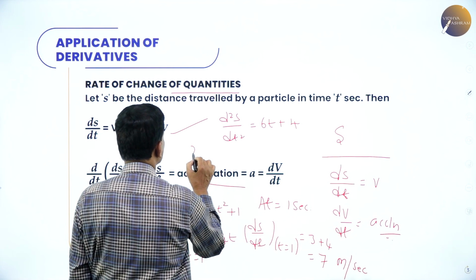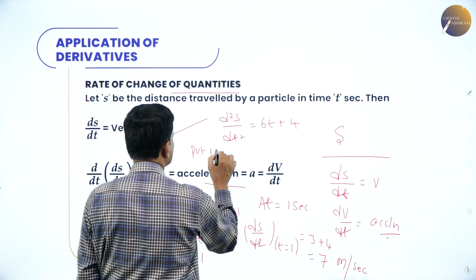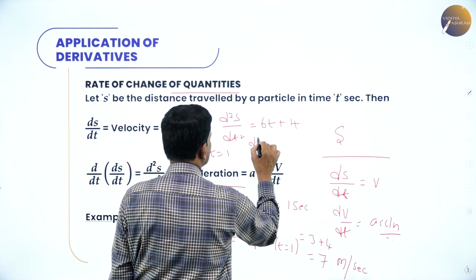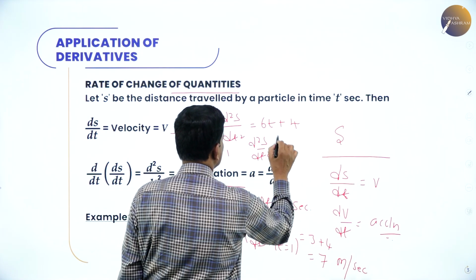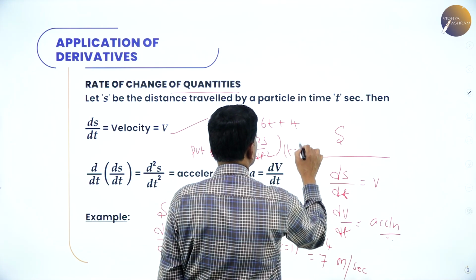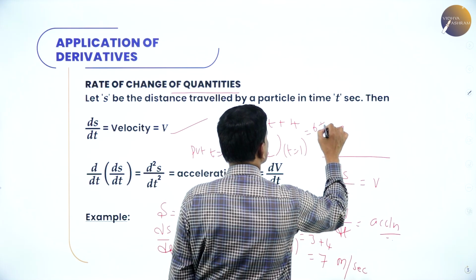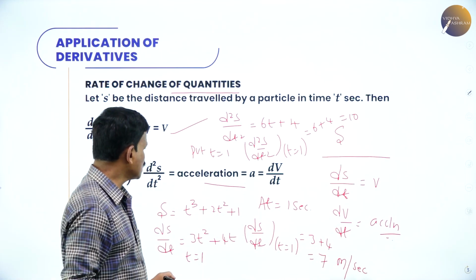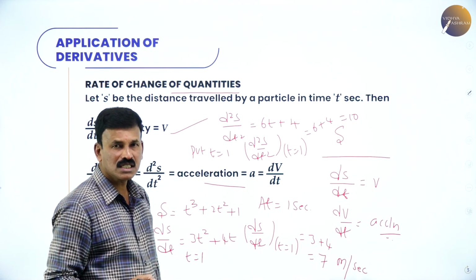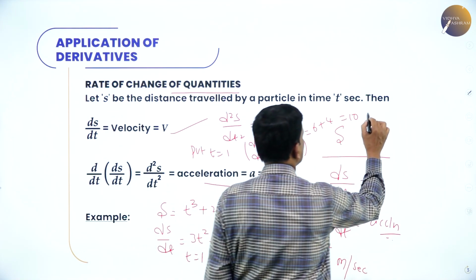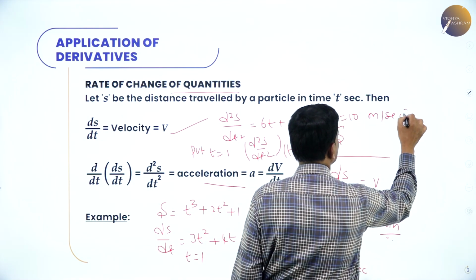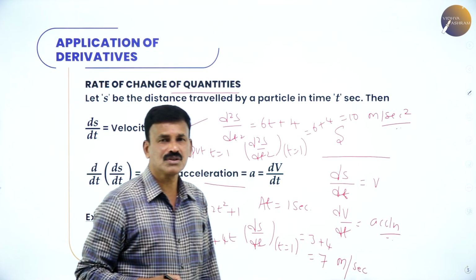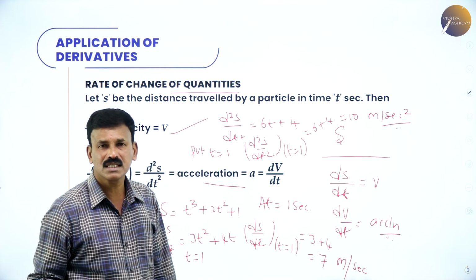Now if you put t is equal to 1, you will get d square s by dt square at t is equal to 1 as 6 plus 4, that is equal to 10 units. So velocity is 7 meters or centimeters per second. This is meters or centimeters per second square. This is how we are going to find the velocity and the acceleration.